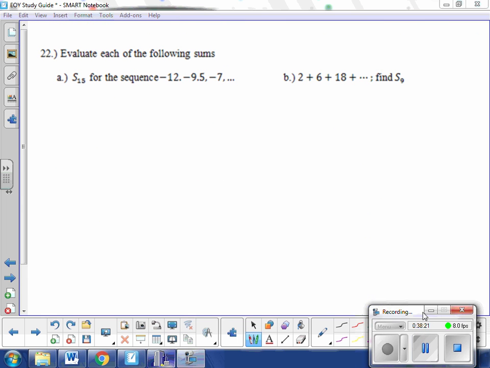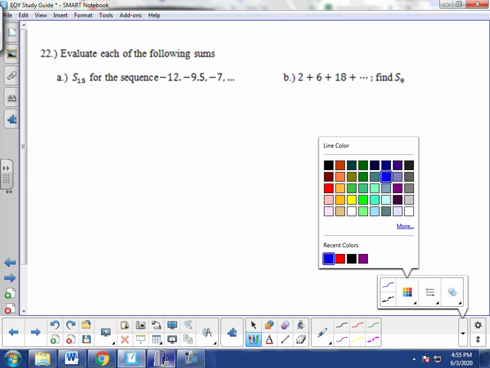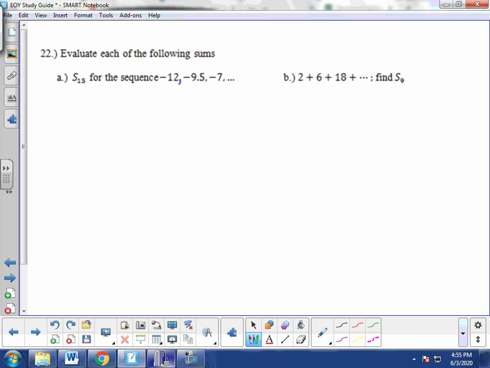Looking at problem 22, we are evaluating partial sums. So that's what this capital S means. It means series of partial sums. So we're adding together the values from the series, or the sequence. So this should be a comma here, a little mistake there in the writing. But this is -12, then -9.5, and then -7.